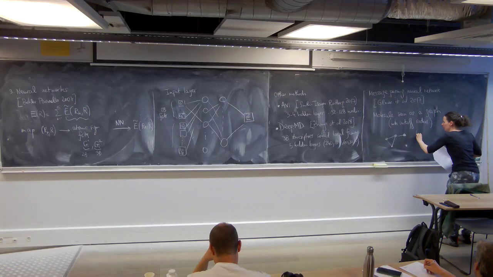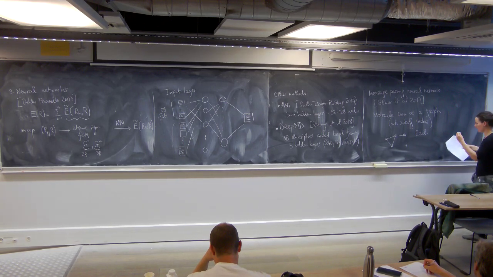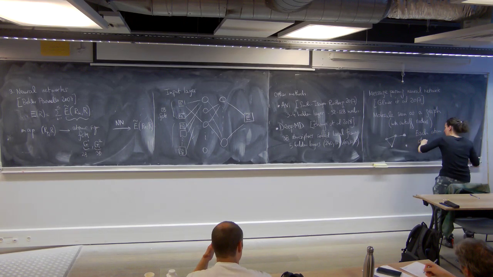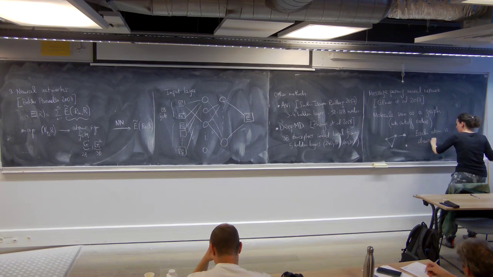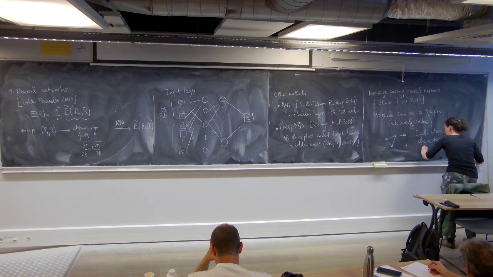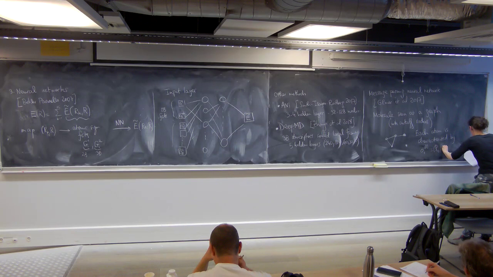Okay, and so each atom is characterized by a list of descriptors. First, the position. Something that I will call sigma i of t, which is r_i, z_i, h_i of t.